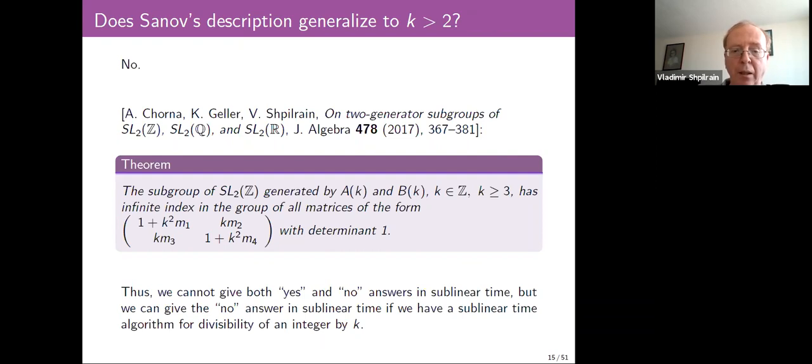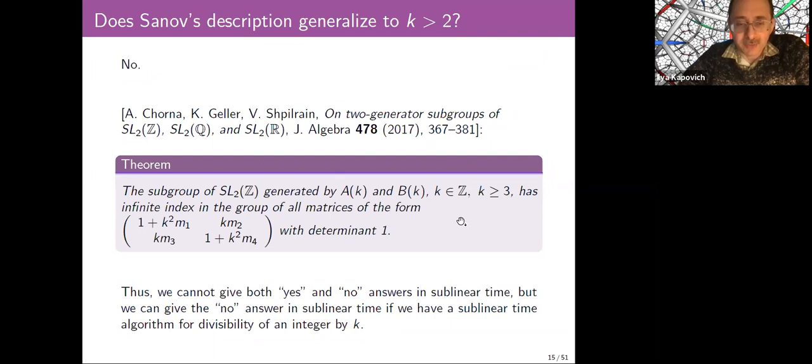For some k, there is a sublinear time algorithm. For some k, like 3, for example, there isn't. So that's the situation here, right? It's interesting that it depends actually on the value of k. For some k it works, for some k it doesn't.